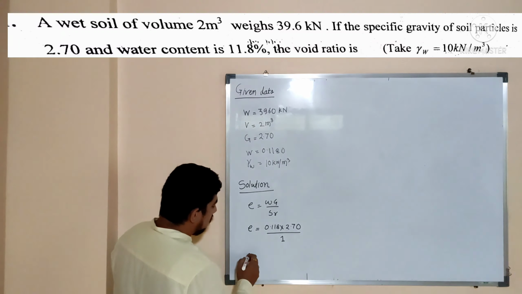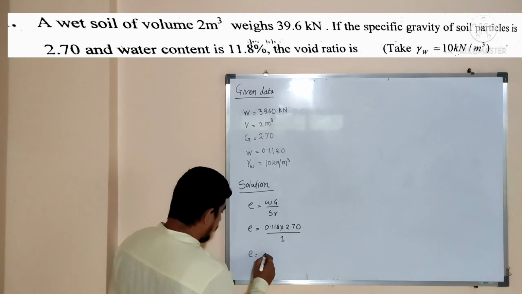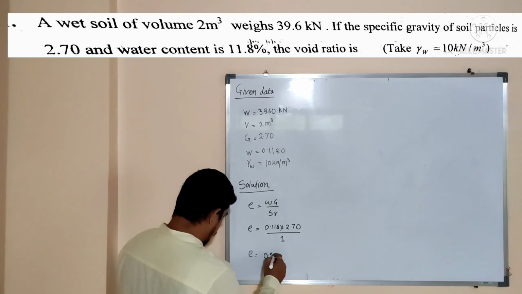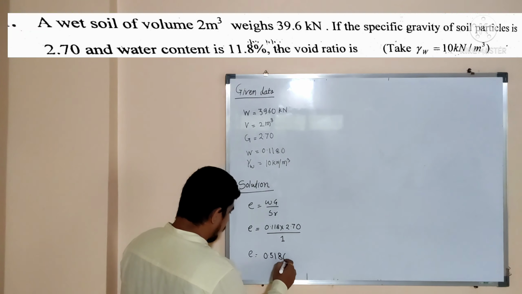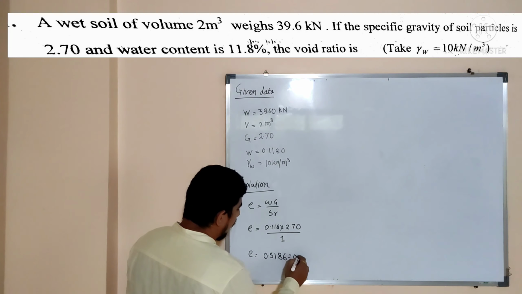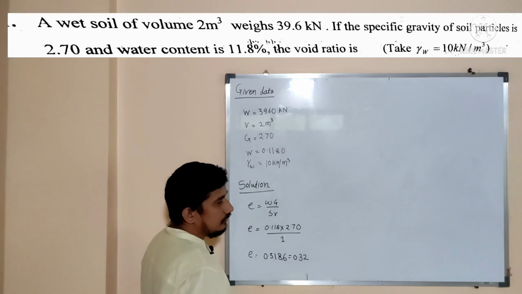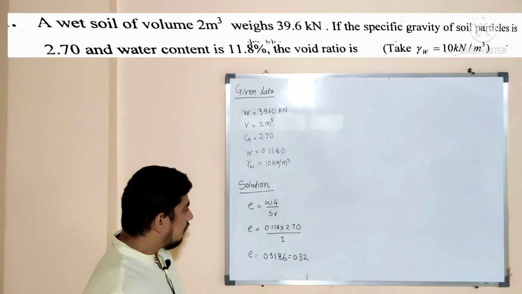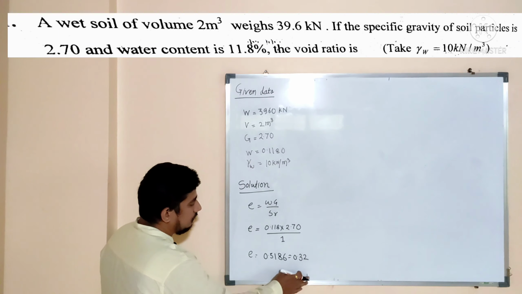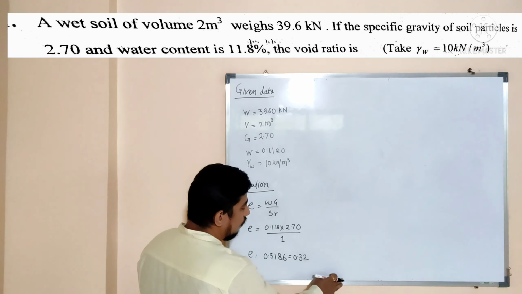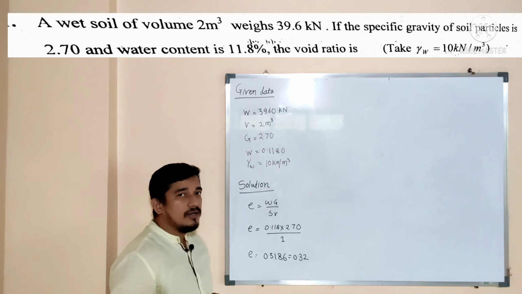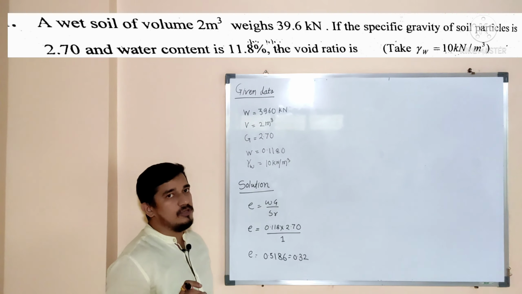So e is equal to 0.3186, that is 0.32, that is the void ratio. But this is not the right way to solve the problem, because when soil is wet, it is not necessary that the soil is fully saturated.